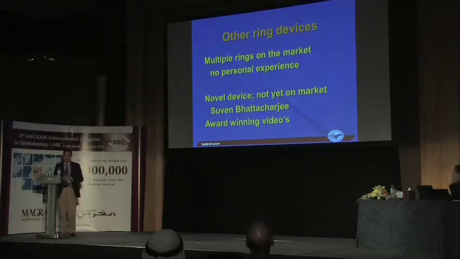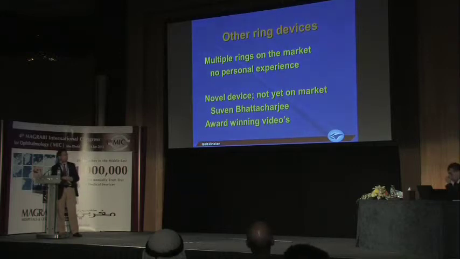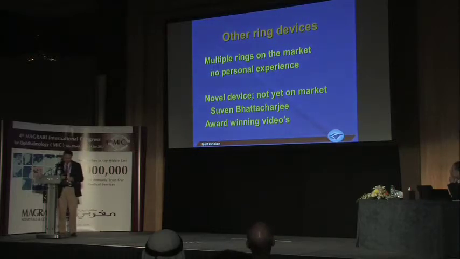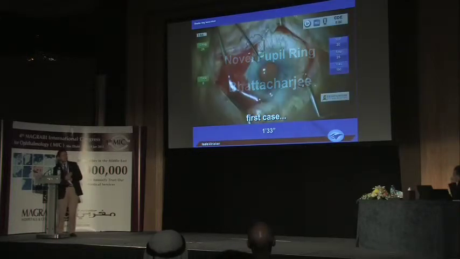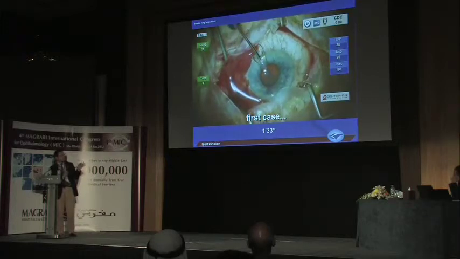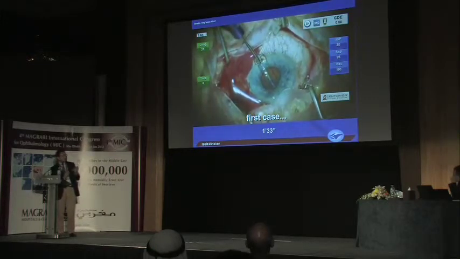There are many other rings actually on the market with which I do not have personal experience. There's a novel one which will come to the market in due time, been developed by an Indian ophthalmologist, Dr. Bhattacharjee, who has presented it last year in several congresses. And I have a brief experience with it. The one difference is it's a single thread, so with no loops, ring.